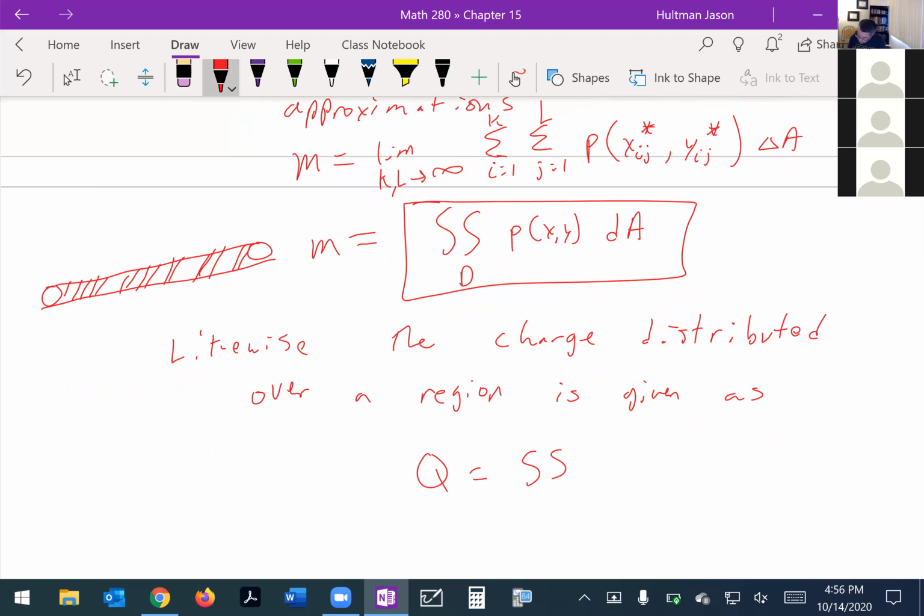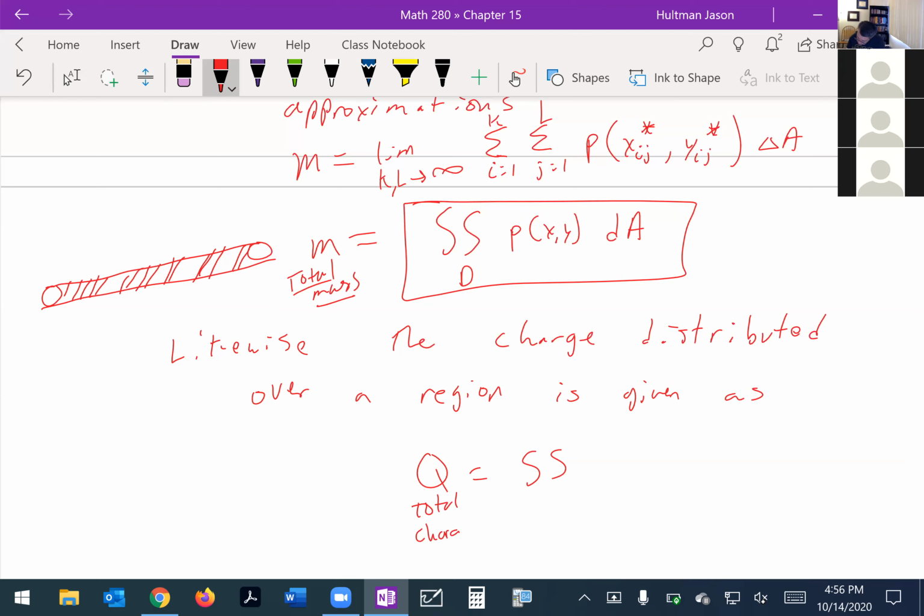M was equal to that. That's the mass, which is equal to the double integral of the density as the area changes. So M is the total mass, and Q is the total charge.